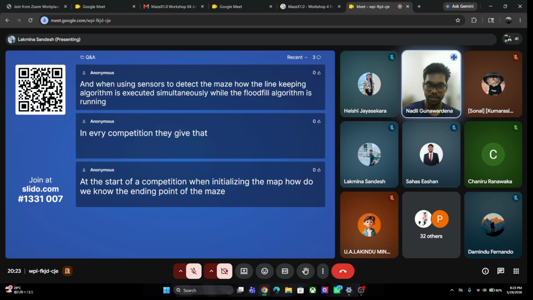Okay, and when using sensors to detect the maze, how is the line keeping algorithm executed simultaneously while the flood fill algorithm is running? Yeah, you can do it in several ways. You can actually do it sequentially also.